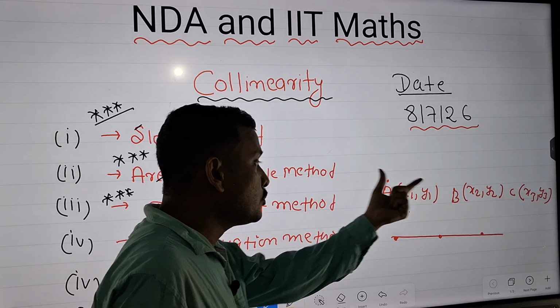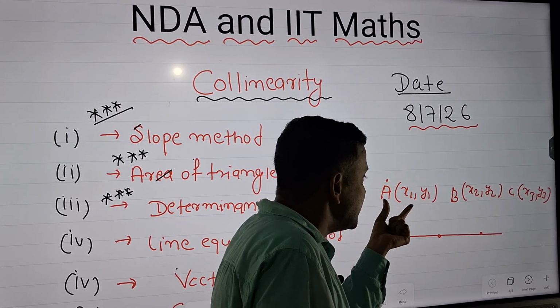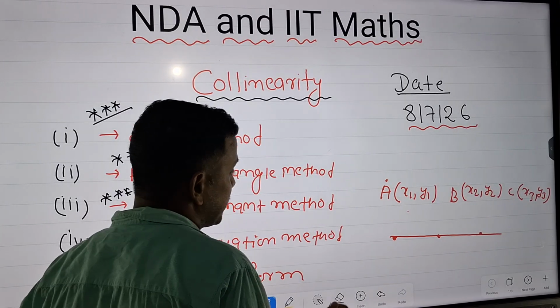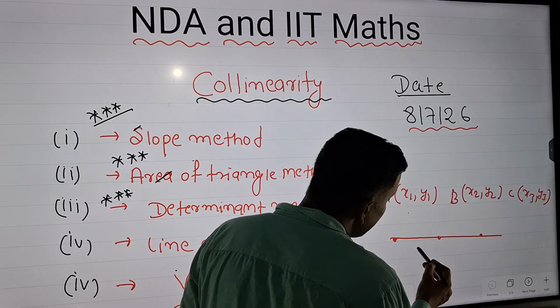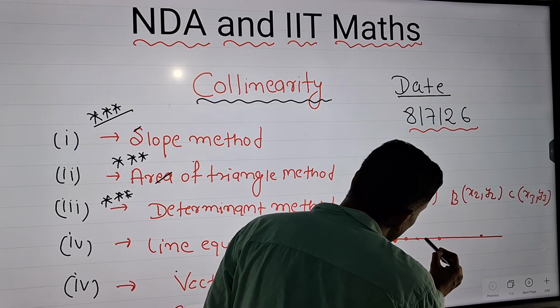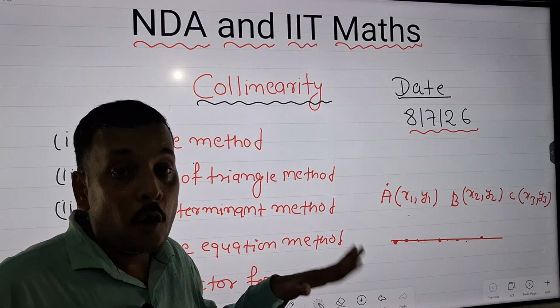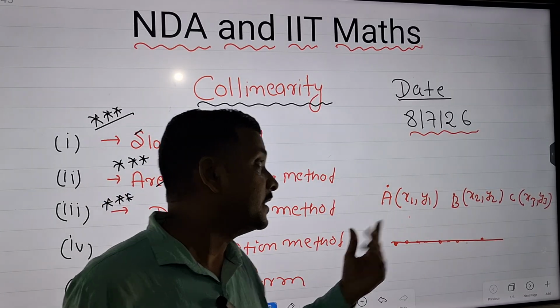If these 3 points lie on the same straight line, then these points are called collinear points. There may be many points, and if all points lie on the same line, that means all points will be collinear.